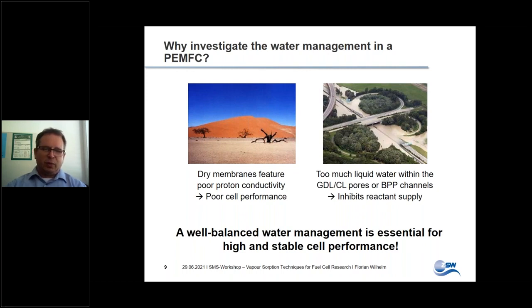On the other hand, too much liquid water within the catalyst layer, GDL pores or bipolar plate channels will block the reactant transport, and this will also lead to poor performance. So a well-balanced water management is essential for high and stable cell performance.